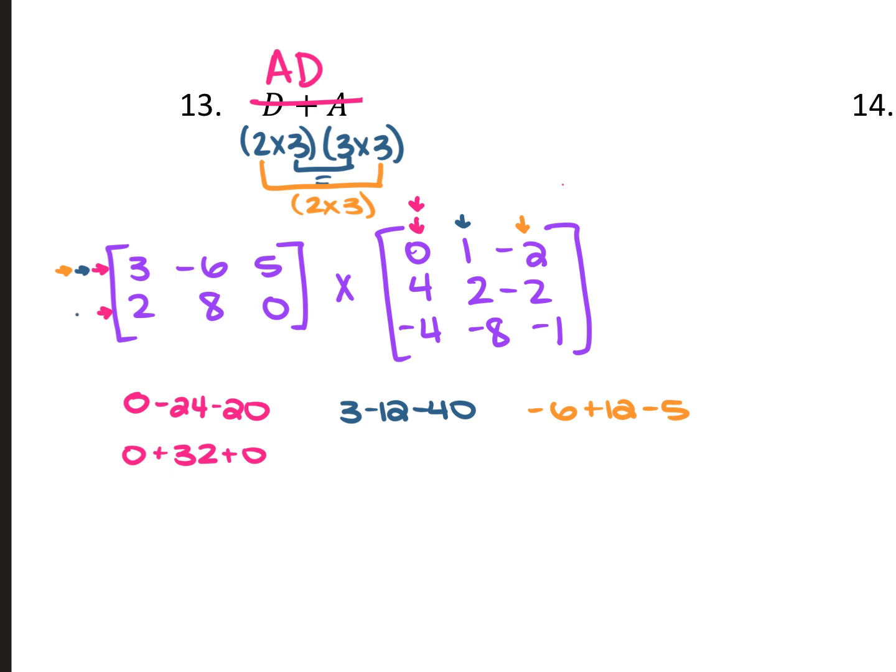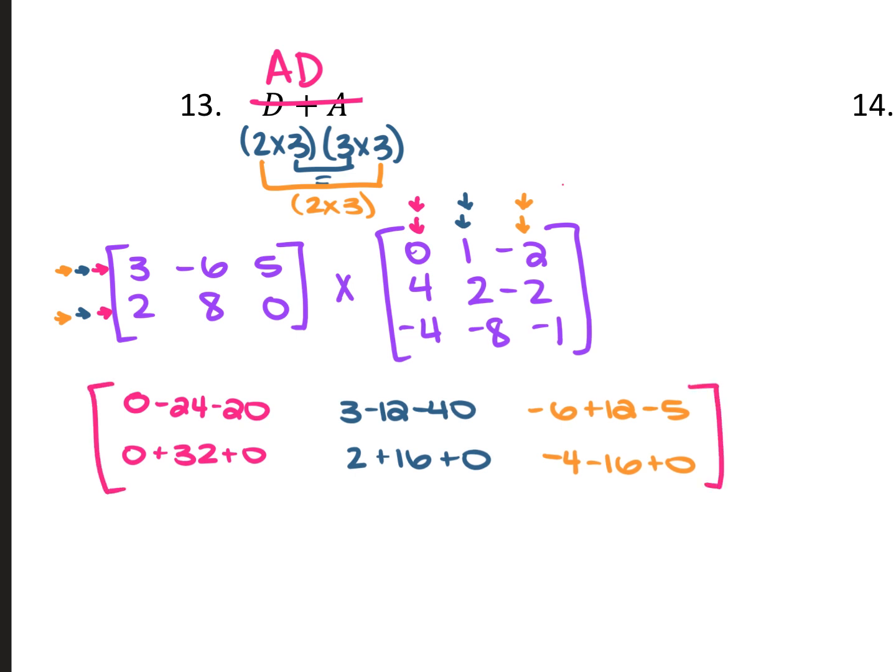Now we're going bottom row, middle column. So 2 times 1 is 2. 8 times 2 is 16. 0 times -8 is 0. Lastly, bottom row, third column. 2 times -2 is -4. 8 times -2 is -16. 0 times -1 is 0.